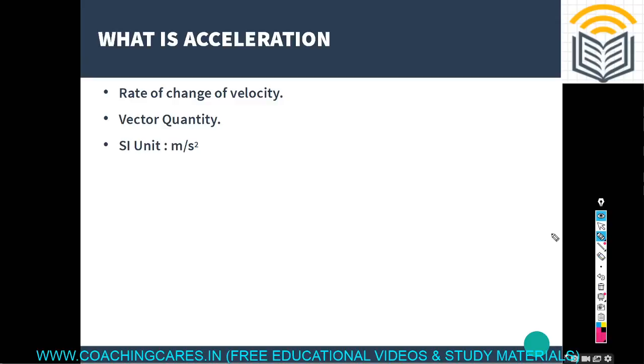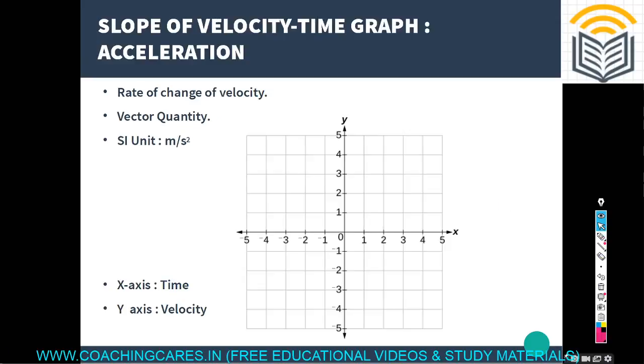Okay, now in the next slide, we'll study the slope of the velocity time graph. That is called acceleration again. We can work out acceleration from the velocity time graph. The slope of the velocity time graph is called acceleration, the rate of change of velocity, which is a vector quantity.